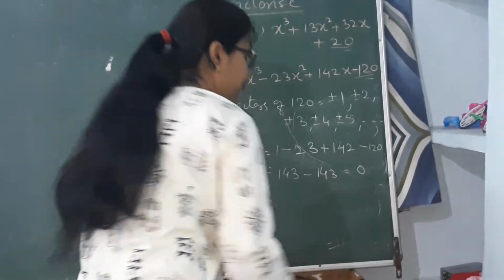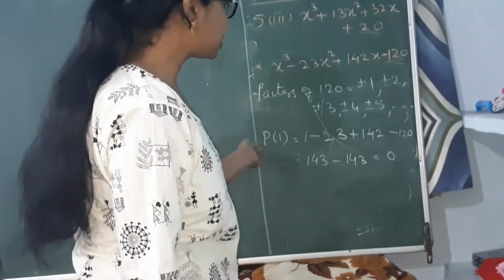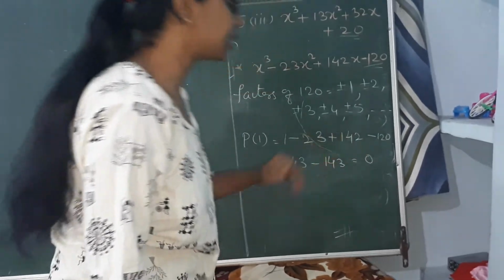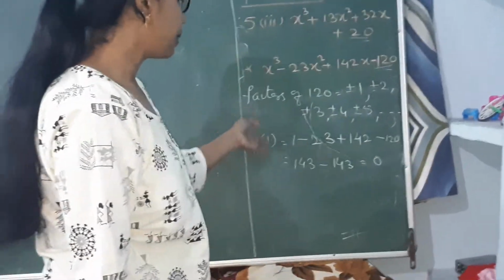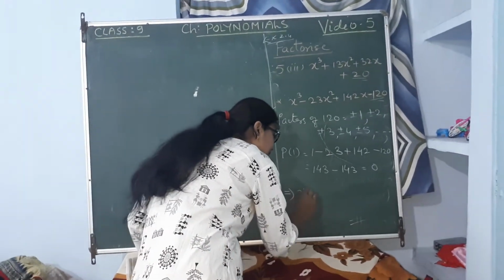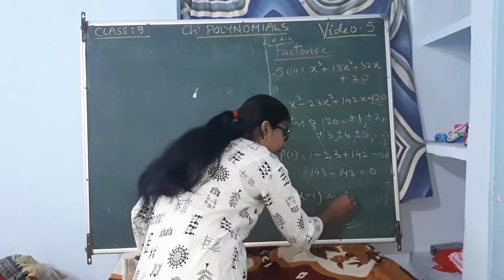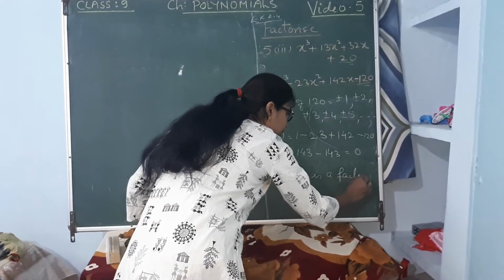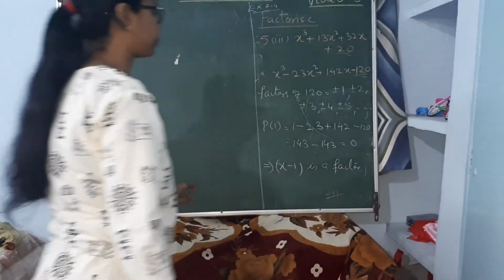Yes, we are getting 0. So if the value is 0, what does it indicate? Yes, x equals 1 is a root. So this implies x minus 1 is a factor of this cubic polynomial.